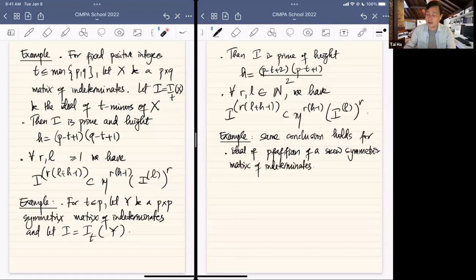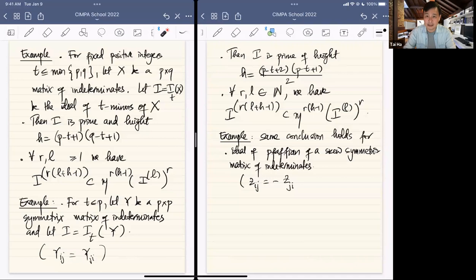So let me explain this a little bit. So here for symmetric matrix of indeterminates, you really want that Y_ij is the same as Y_ji, right? So that's what it means by symmetric. For skew symmetric, you want Z_ij to be negative of Z_ji, and particularly the entries on the diagonal will be 0.